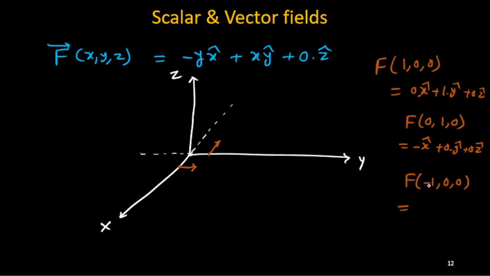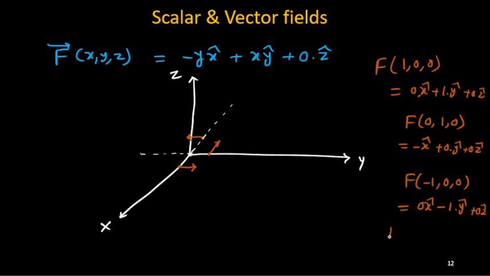If I replace x by minus 1, this will be minus 1 and another 0. So 0 x vector, and minus 1 times y vector, and plus 0 z vector. Where is the point? This is the point, minus 1 comma 0 comma 0. At this point, this is the minus y direction. This is the positive direction and this is minus x. So the direction will be like this. Am I correct?